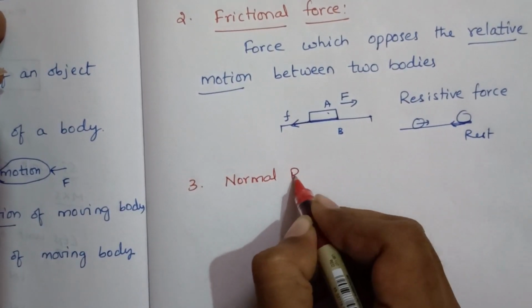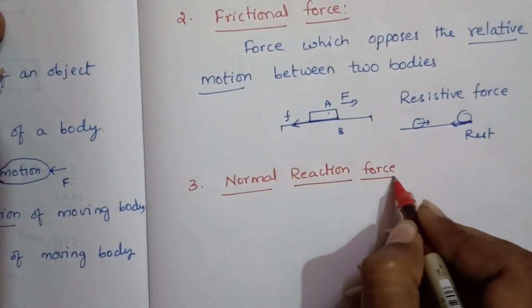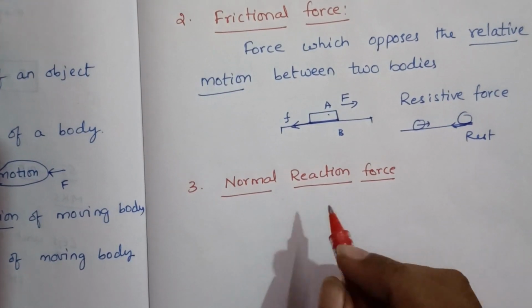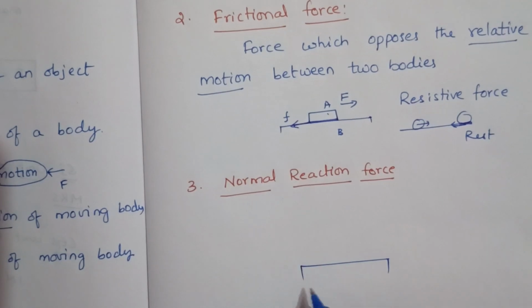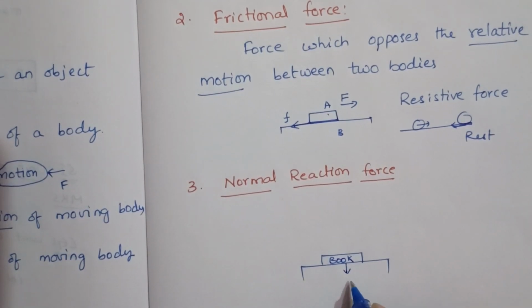Next one is normal force, also called normal reaction force, or simply reaction force. Now normal force means, for example, if you keep a book on the table, the weight of the book is acting in the downward direction.